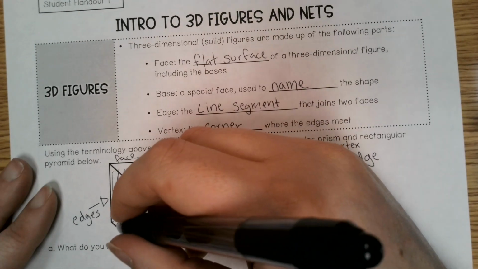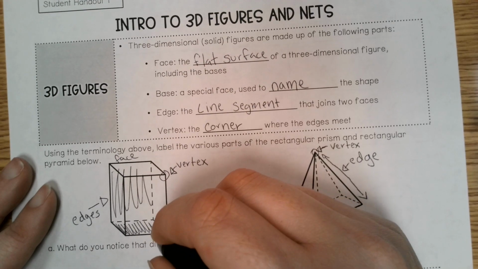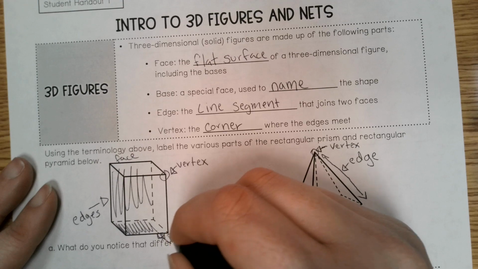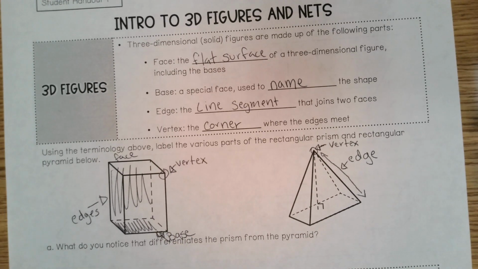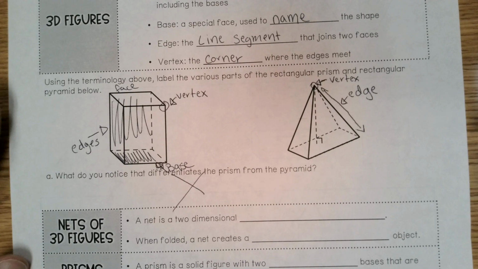Also, the base is right here. That's a really bad arrow, sorry. Okay, go ahead and we're going to cross out A. We're not going to do that one.